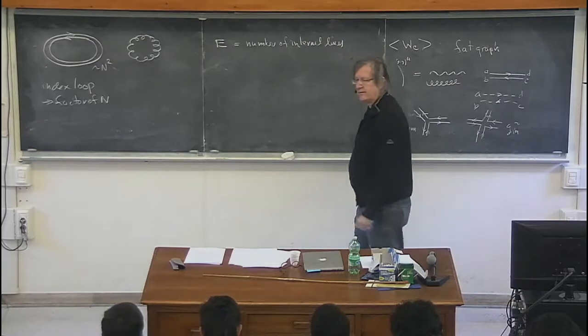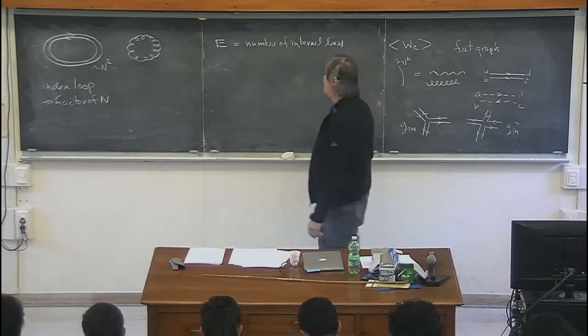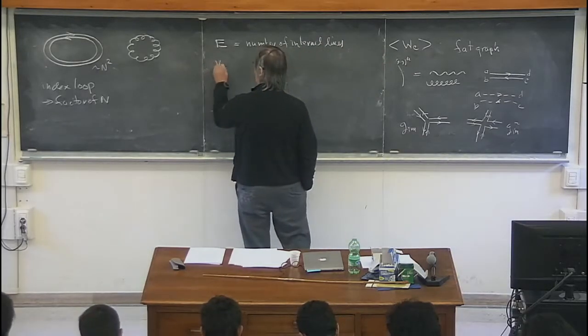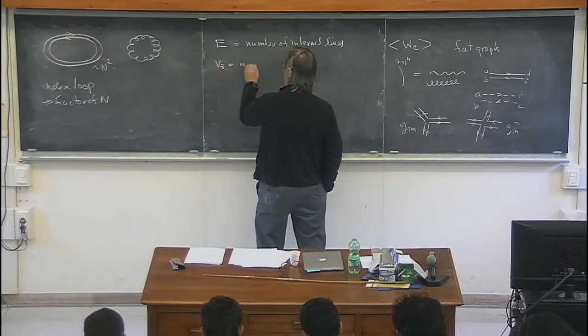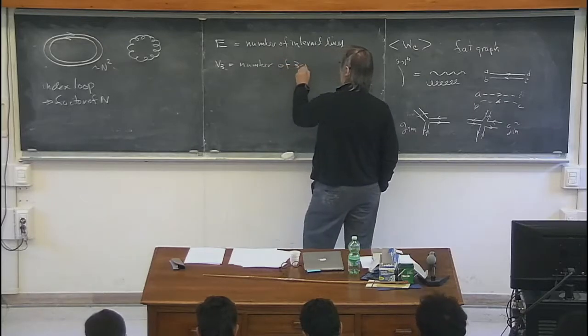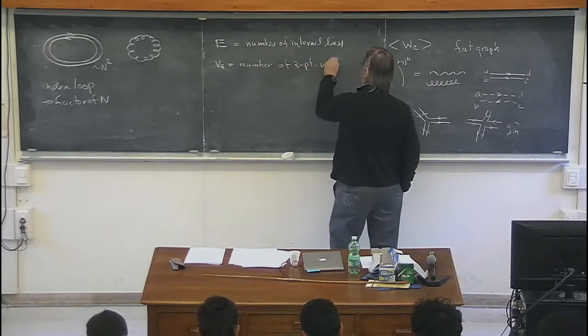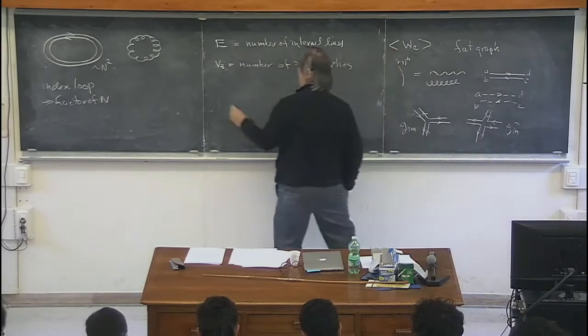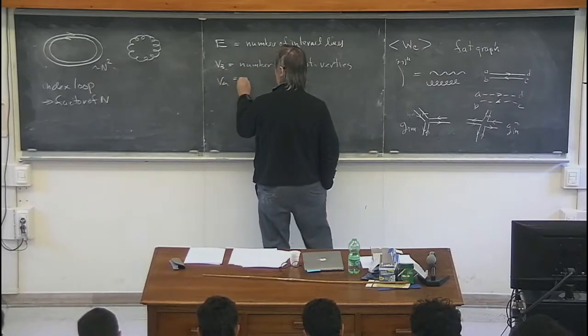Let me call E the number of internal lines. V3 is the number of 3-point vertices. V4 is the number of 4-point vertices.